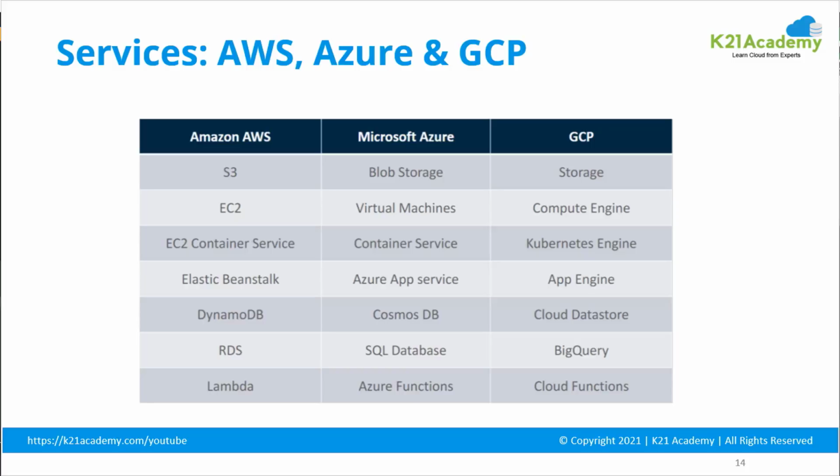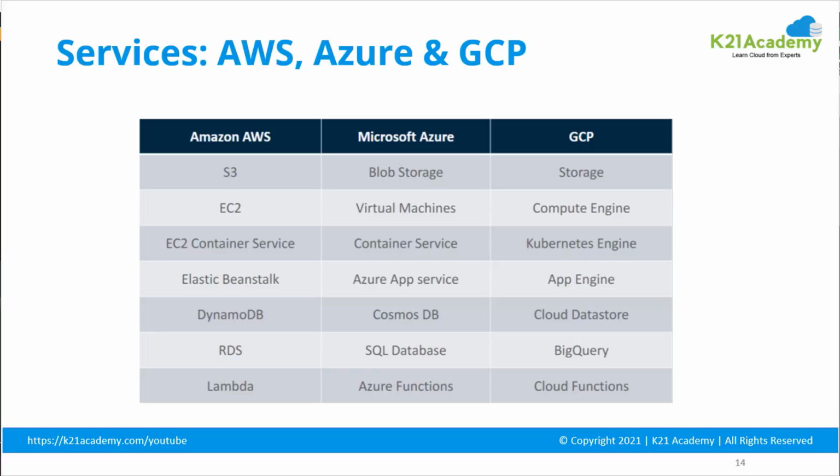In Microsoft Azure, it's SQL Database. In GCP, it's BigQuery. And then there's the serverless version, which we'll see later: Lambda in AWS, Azure Functions in Microsoft Azure, and Cloud Functions in GCP, which is nothing but functions as a service. Now, if you don't understand it, there's no need to remember it. Just see that there is a corresponding service in each of these cloud vendors.